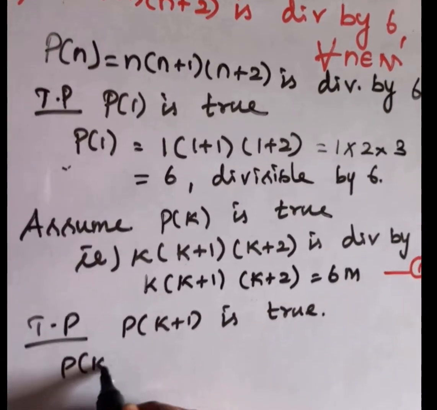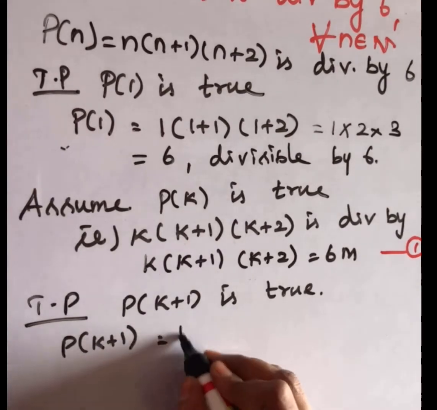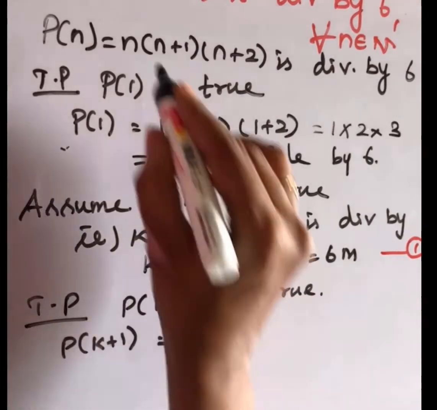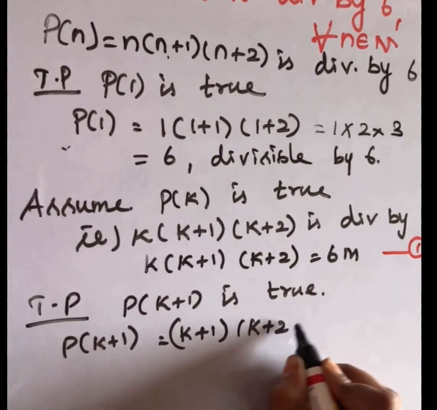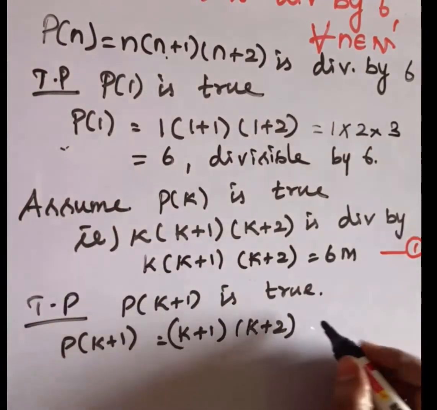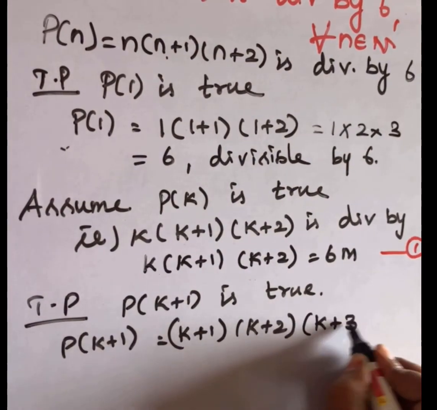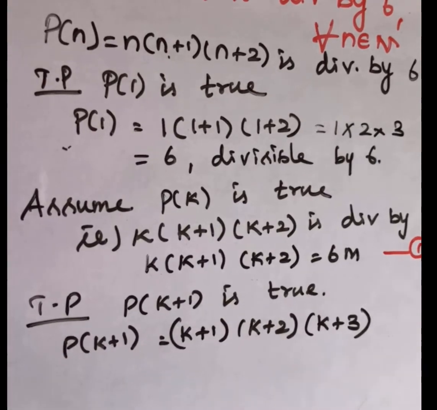P of k plus 1 is equal to, instead of n I have to substitute k plus 1. So k plus 1 plus 1, so it is k plus 2, again k plus 1 plus 2, that is k plus 3. Okay, we have to prove this is divisible by 6.